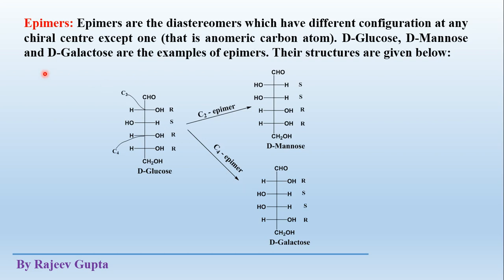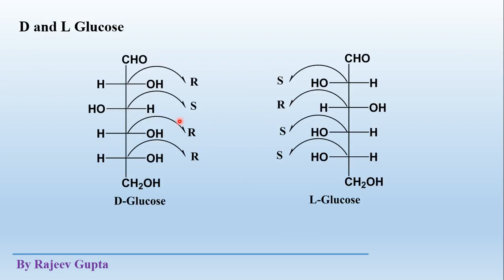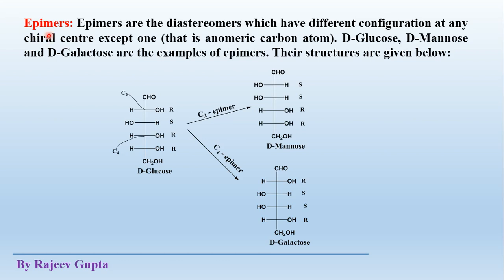Now see the examples of epimers. Here we saw an example of enantiomers; now see the example of epimers, which also contain more than one chiral center. Epimers are diastereomers. Diastereomers means non-mirror-image isomers which have a different configuration at any chiral center.